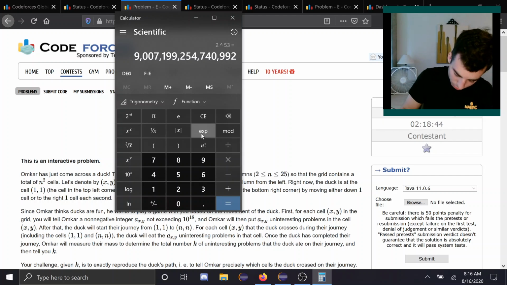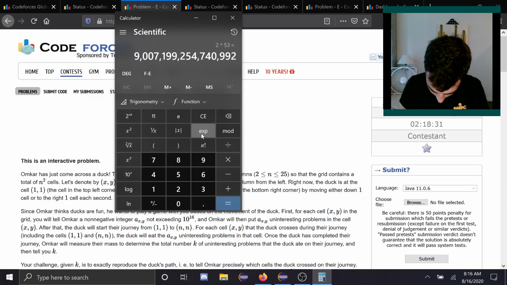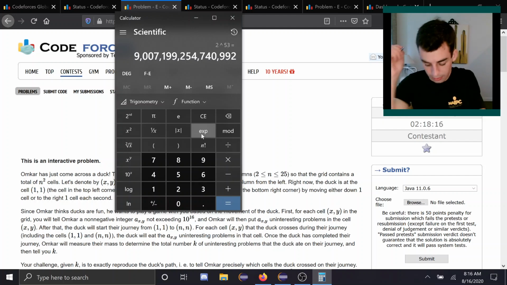Yeah, I guess that works for a 3x3. What about a 4x4? I think it takes more bits though, doesn't it?